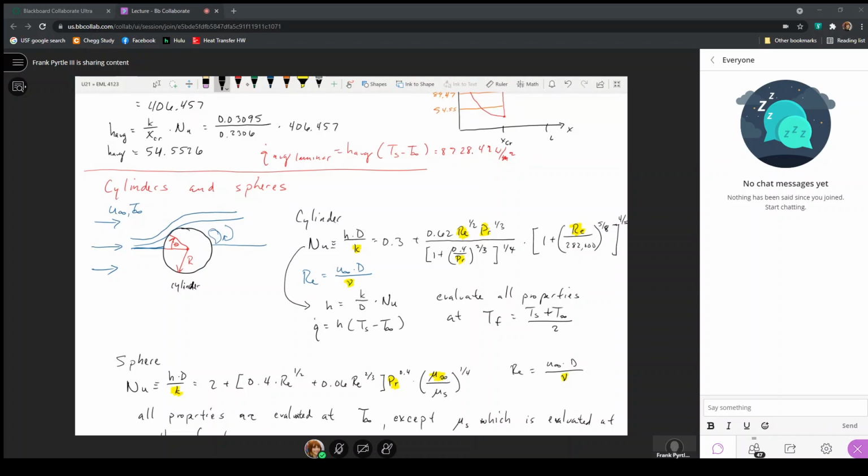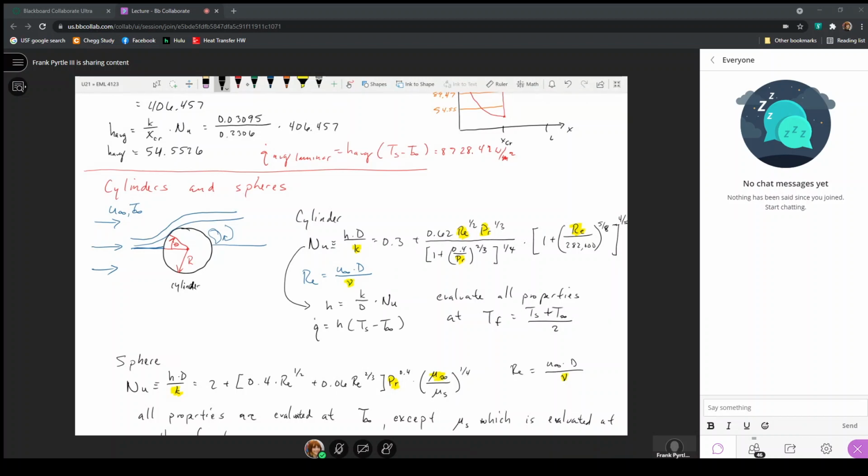The Reynolds number is also a single value like the Nusselt number for flow over a cylinder and also for flow over a sphere, and that is the free stream velocity times the diameter divided by the kinematic viscosity. So once we've evaluated the Reynolds number and we use it, it doesn't change as a function of position.